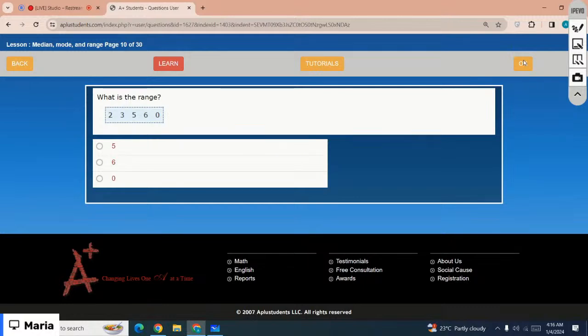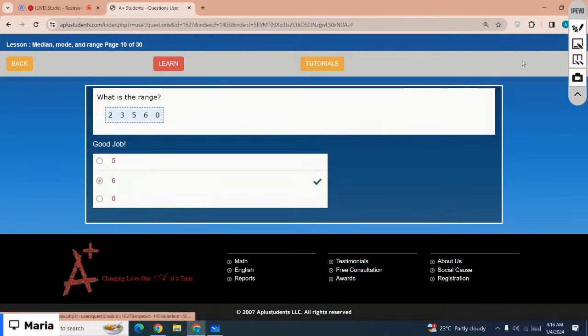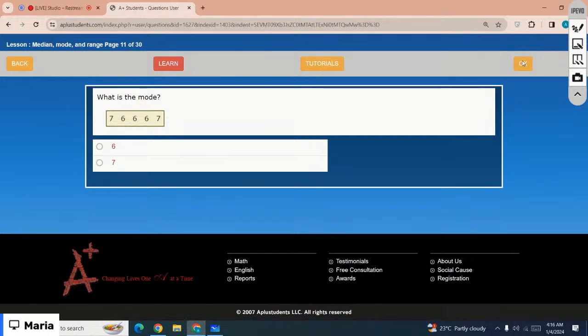The range is 6, right? The correct option is 6 because 6 take away 0 is 6. Okay, you can complete the lesson by yourself later today. Let me just move on to next lesson.